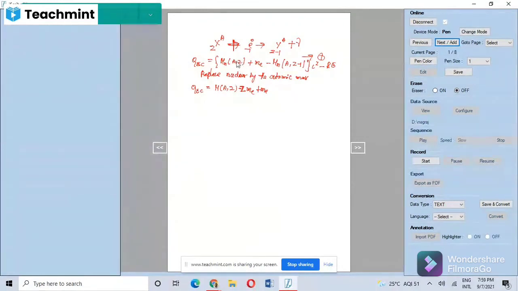So this Mn of A comma Z can be written as M of A comma Z minus Z into Me plus Me, and this minus Mn of A comma Z minus 1 can be written as minus M of A comma Z minus 1 plus Z minus 1 into Me, into c square minus the binding energy.